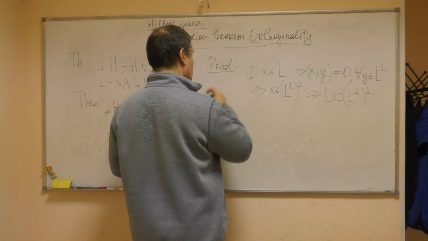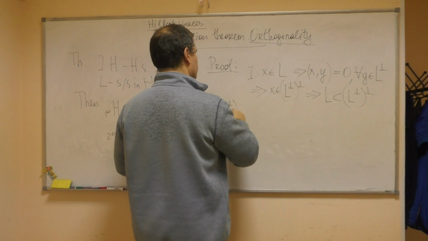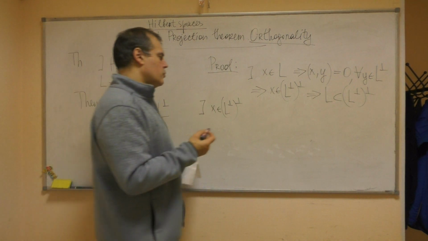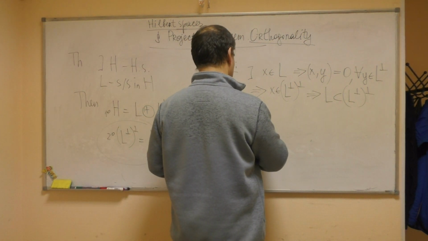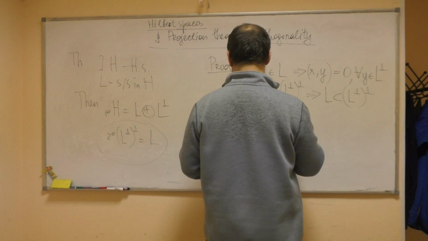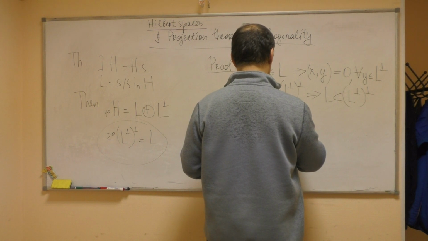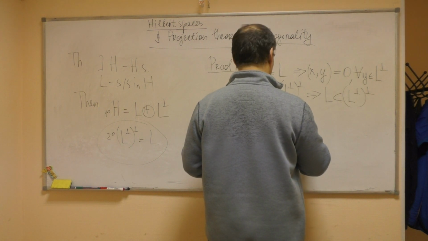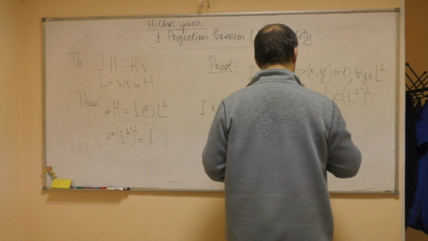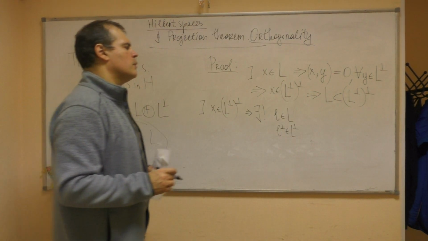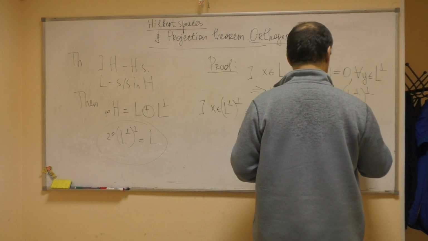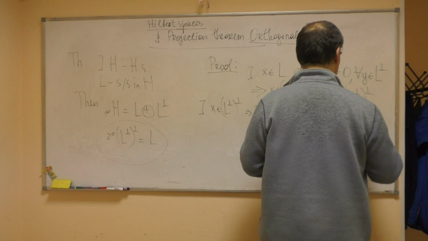Let's prove the opposite. x belongs to the second orthogonal complement. According to the first item, x can be represented as a sum of an element from L and an element from the orthogonal complement, such that x is equal to the sum of these elements.